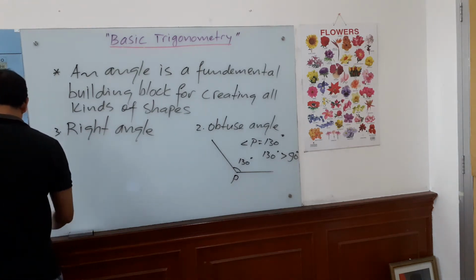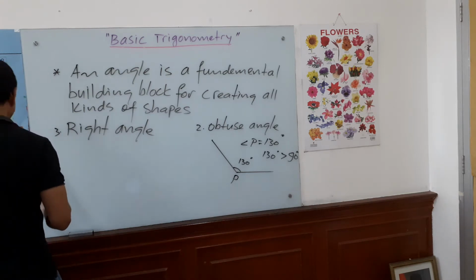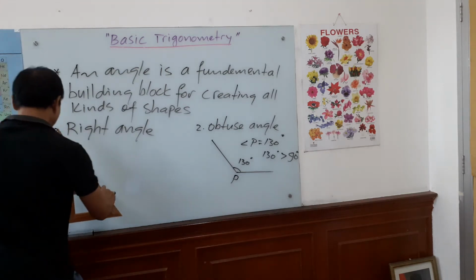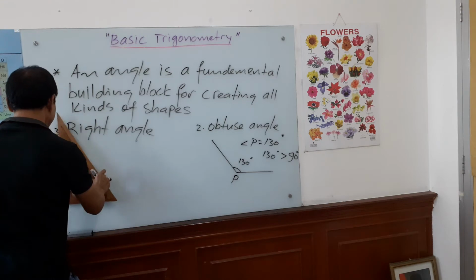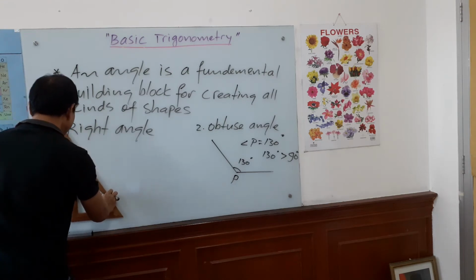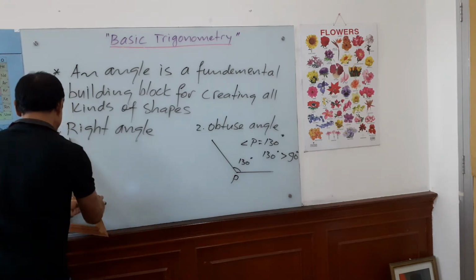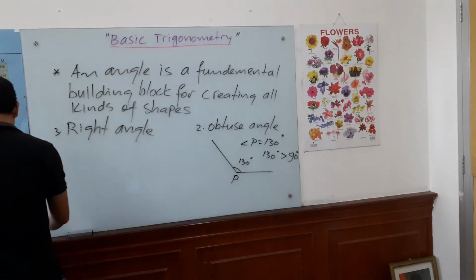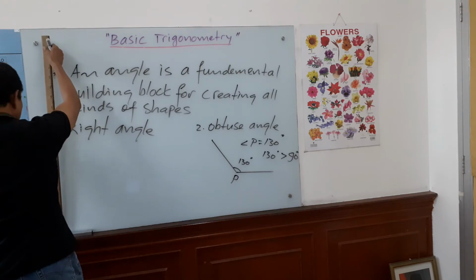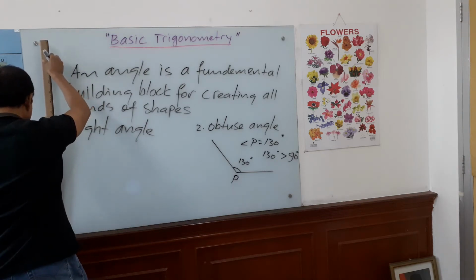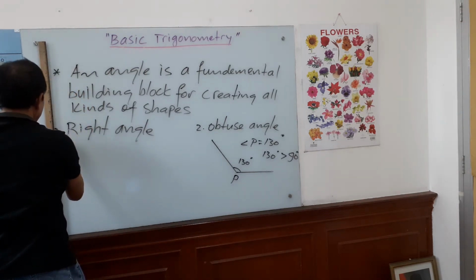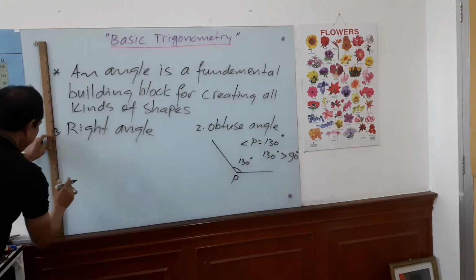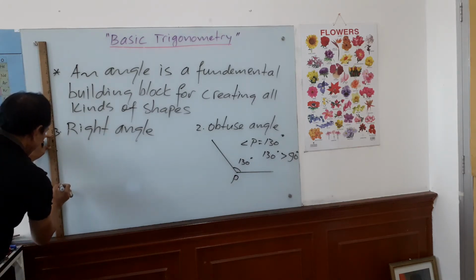Let's draw it here. We can use this triangle. Okay, it's easy to draw with this one. So we have a point here.